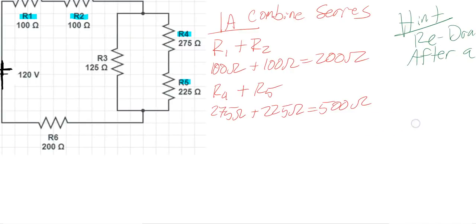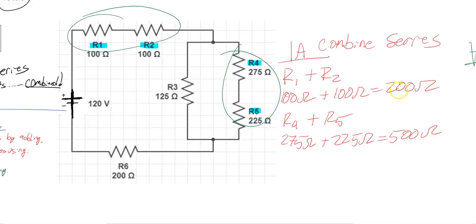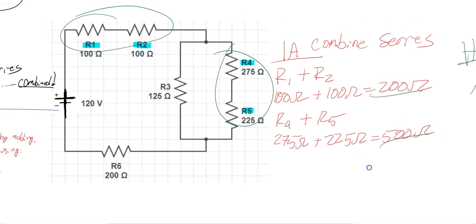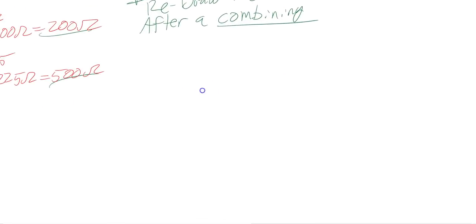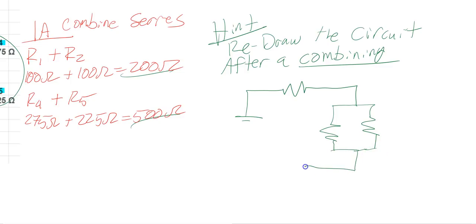What that means now is these two are now going to be 1, and these two are now going to be 1, each with totals of 200 and 500. So what does that look like? We're now going to have this. Pardon my beautiful drawing skills.